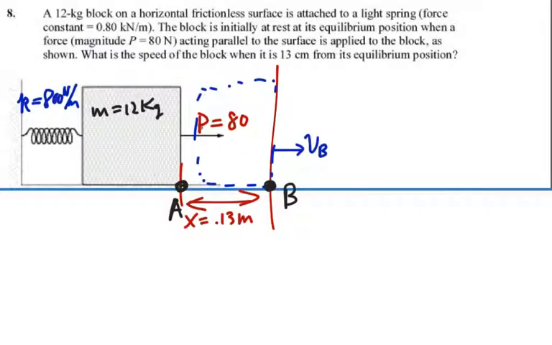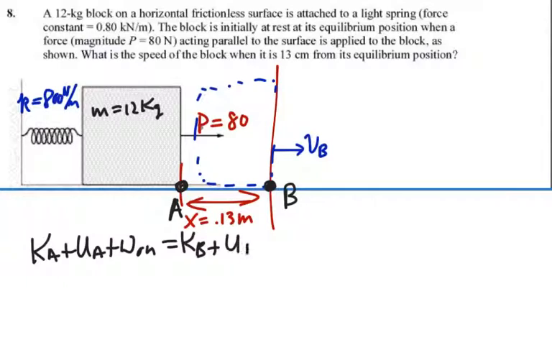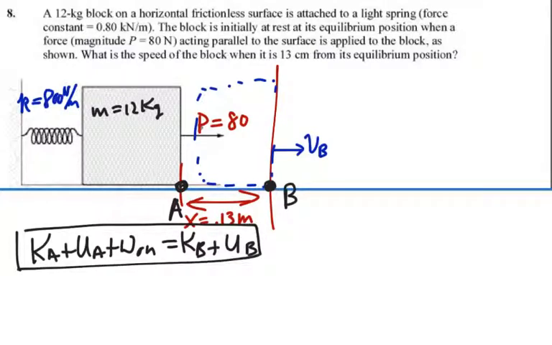So kinetic energy at A plus potential energy at A plus any work done along the way will equal kinetic energy at B plus potential energy at B. One equation to rule them all. In this case, we started from rest, so our kinetic energy at A is 0.